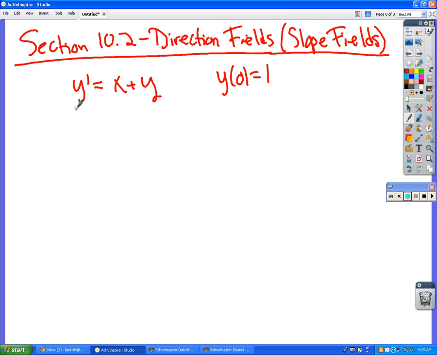The slope of my graph at any point is going to be the x coordinate plus the y coordinate. Okay? In particular, because the curve passes through the point 0, 1, its slope there must be 0 plus 1 equals 1. So a small portion of the curve near the point 0, 1 looks like a short line segment through 0, 1 with a slope of 1.